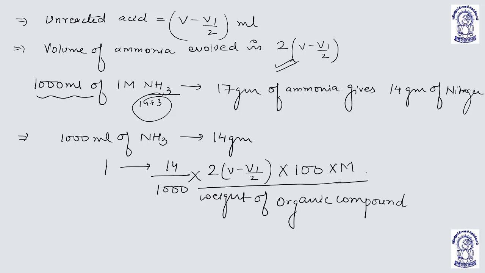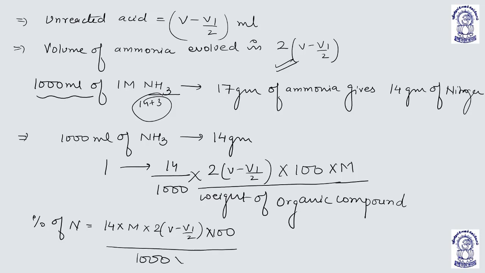If we are taking some monoprotic acid, then it will get changed. Okay, understood? So this is the formula. So the percentage of nitrogen formula comes to be 14 into M into 2 V minus V1 by 2. This is the amount of ammonia gas evolved, or the amount of acid which remains unused, into 100 upon 1000 into weight of organic compound, that is small w.